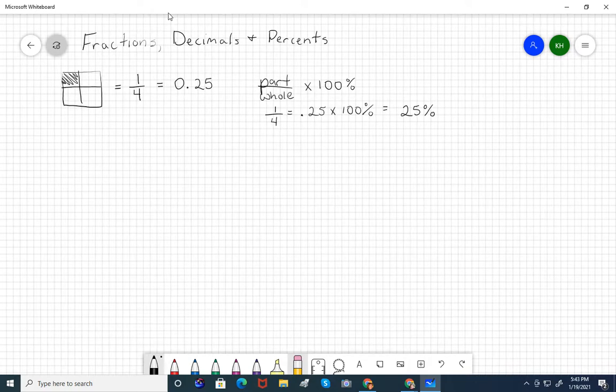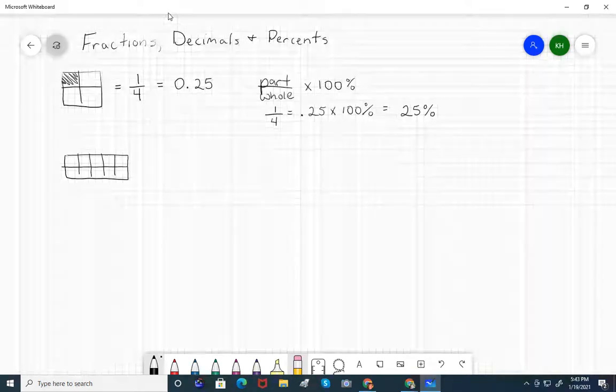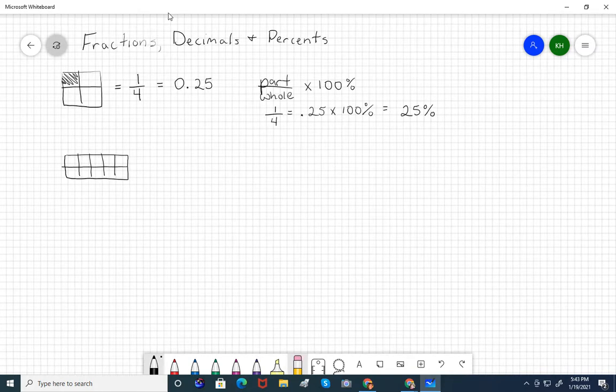If we had something and we divided it into 10 equal parts, and these may not look equal, but we're going to use our imagination, and we color in exactly one of them, we get 10%, 1 divided by 10. We know 1/10 is 0.10.